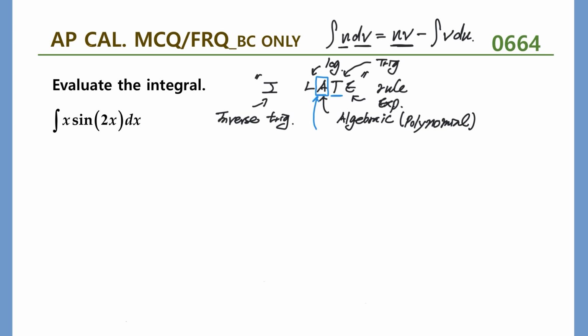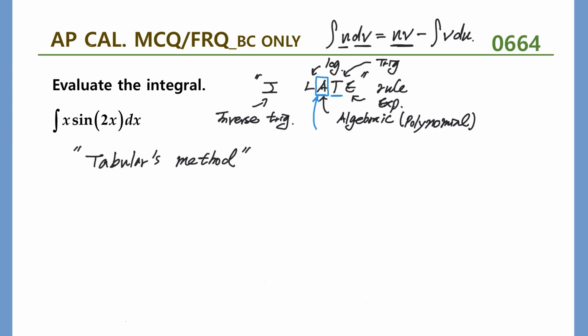There is another way to find the antiderivative of this indefinite integral. That method is called the tabular method. This method only works when our u is an algebraic or polynomial function.